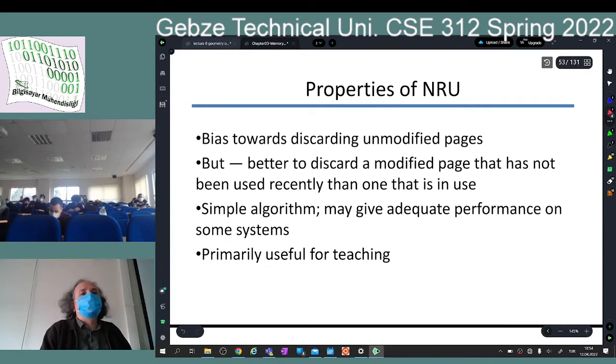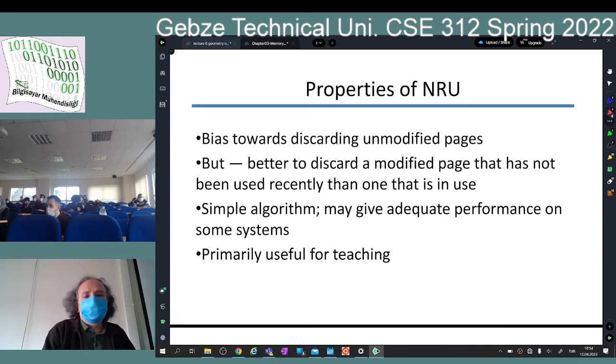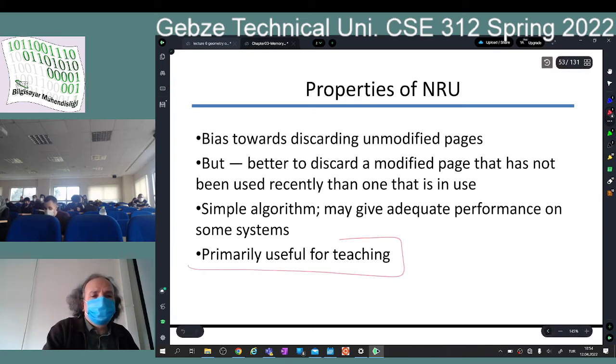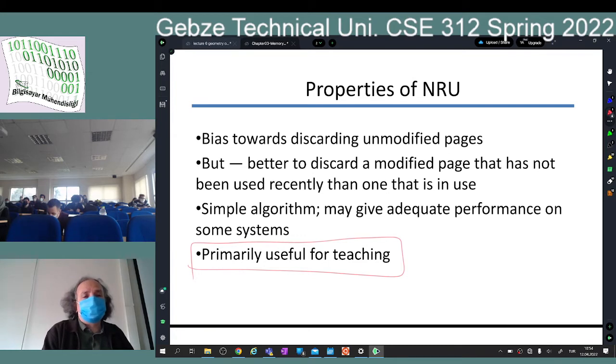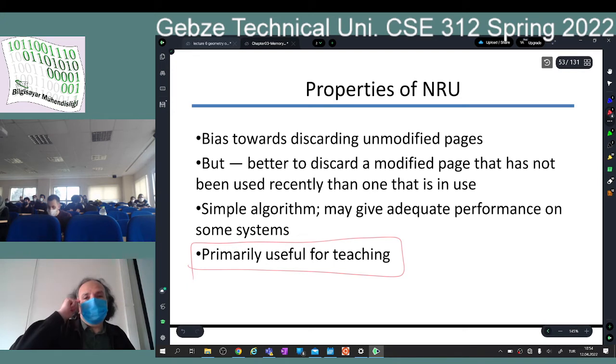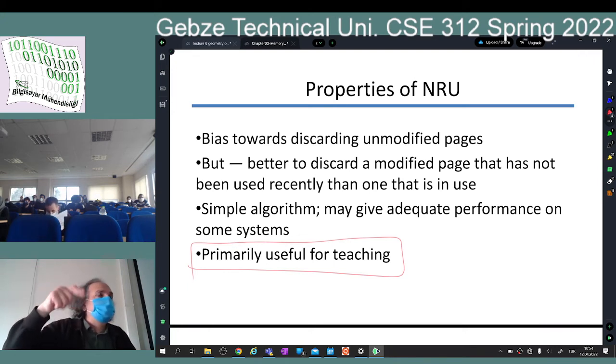So, properties of NRU. Nobody uses NRU, but it's a good introductory algorithm for you to see what's happening. It biases towards discarding unmodified pages. Why?